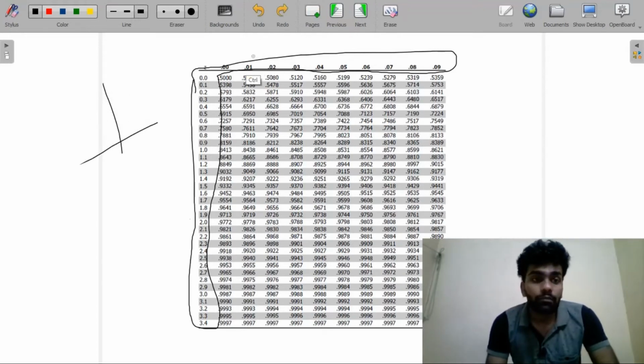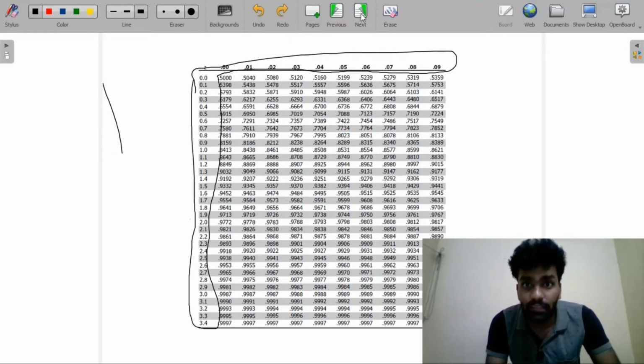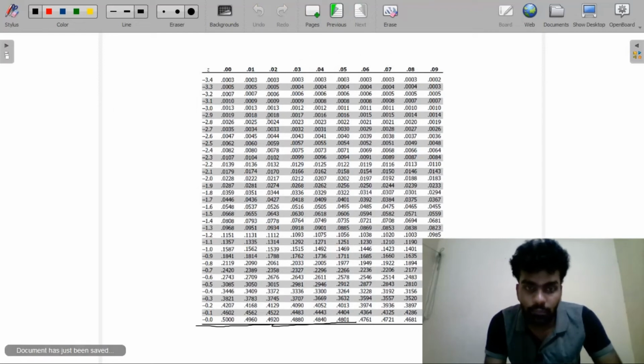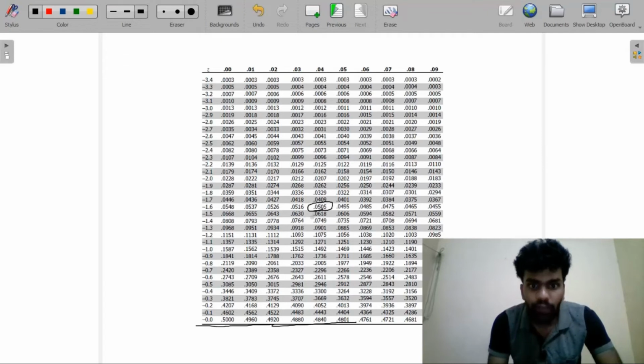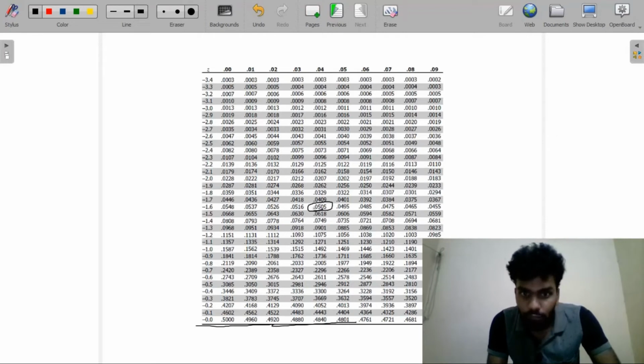Now let's check the other z table. This is the other z table, and now you can see 0.05, minus 0.05. So what's the corresponding value for this?